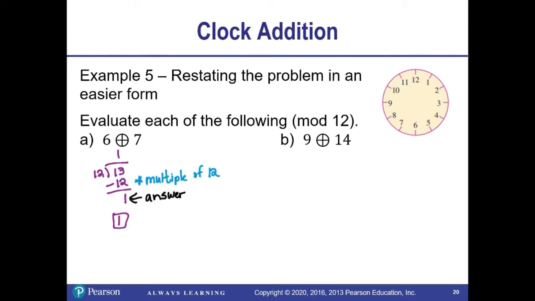Let's look at part B. Part B is slightly different because notice that one of my numbers is bigger than 12. So what I do is I subtract out a multiple of 12 to figure out where I land on the clock. 14 minus 12 is 2. So what that tells me is 9 plus 14 on the clock is the same thing as 9 plus 2. And 9 plus 2 is 11.